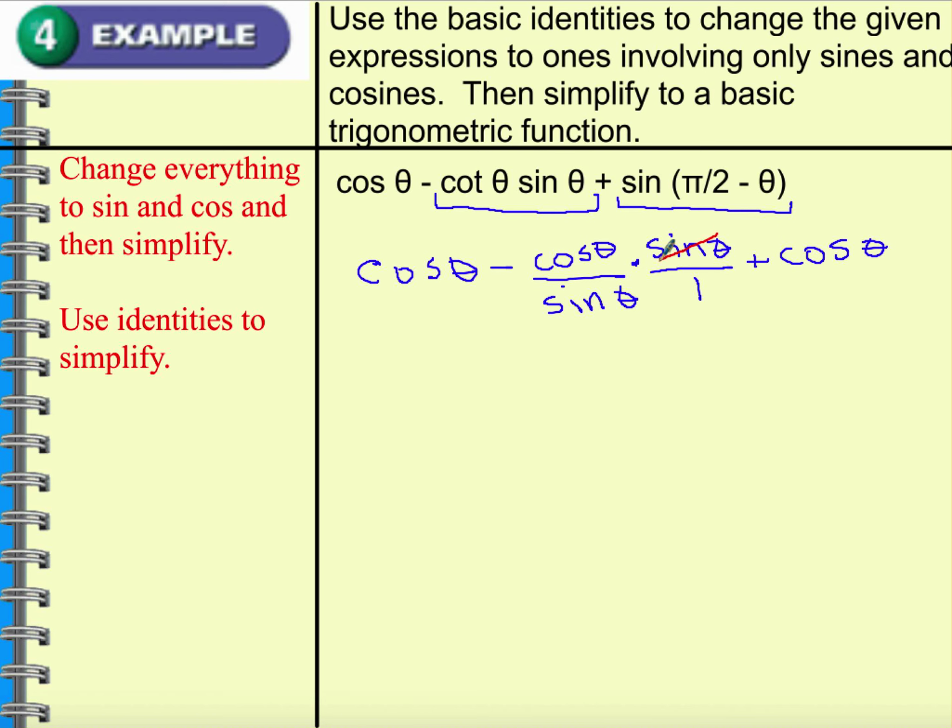Any number divided by itself is 1, so we can reduce these sines. And I'm now left with cosine theta minus, well, this is cosine times 1 divided by 1. That's just cosine. Whoa. Plus cosine.